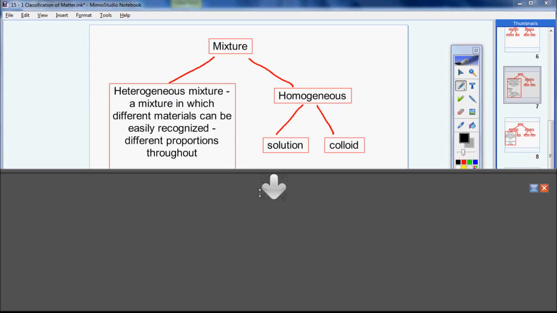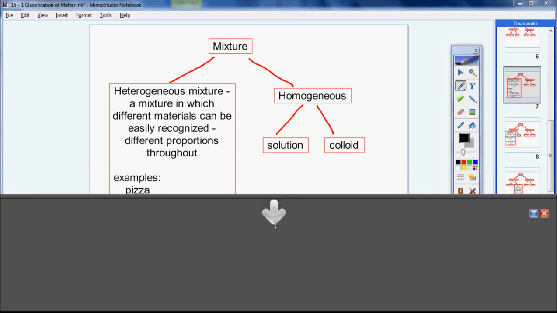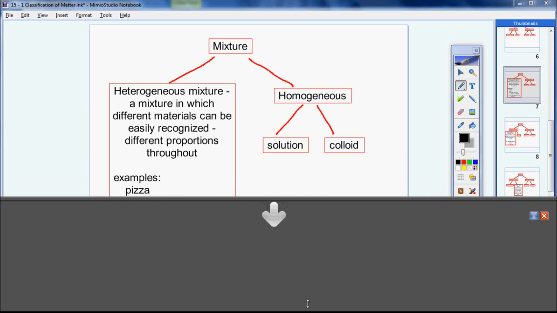All right, so one place that you take a look at a heterogeneous mixture may be different than another place, even if it's in the same container. For example, pizza. Pizza is a heterogeneous mixture. All those different things that went into your pizza are all mixed together. You've got the sauce, the cheese, and whatever toppings it is that you like.